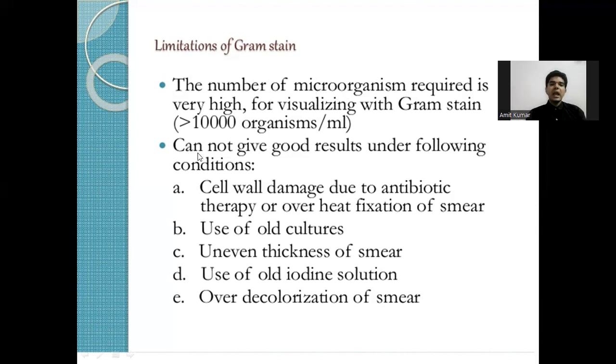Gram stain cannot give good results under the following conditions. Cell wall damage due to antibiotics: if the patient comes to your clinic and you recommend antibiotics, and after that you collect samples and send them to the laboratory for gram stain, then due to the action of antibiotics the cell wall of the bacteria is damaged, and it is very difficult to observe under the gram stain.